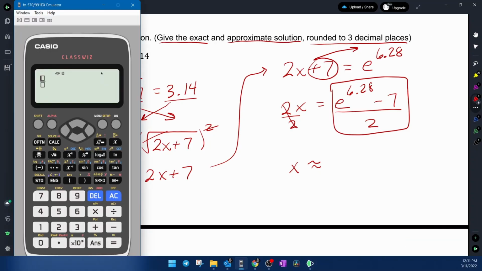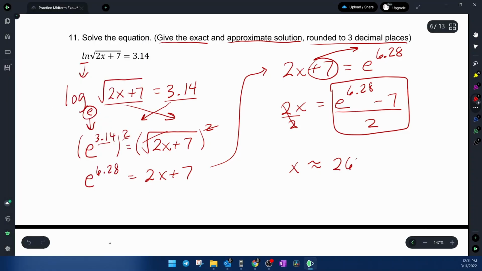Okay, again, so we have a fraction, and to get the e to the, that is shift LN, 6.28 minus 7 all over 2, and to 3 decimal places, 263.394. And that's going to do it for problem number 11.